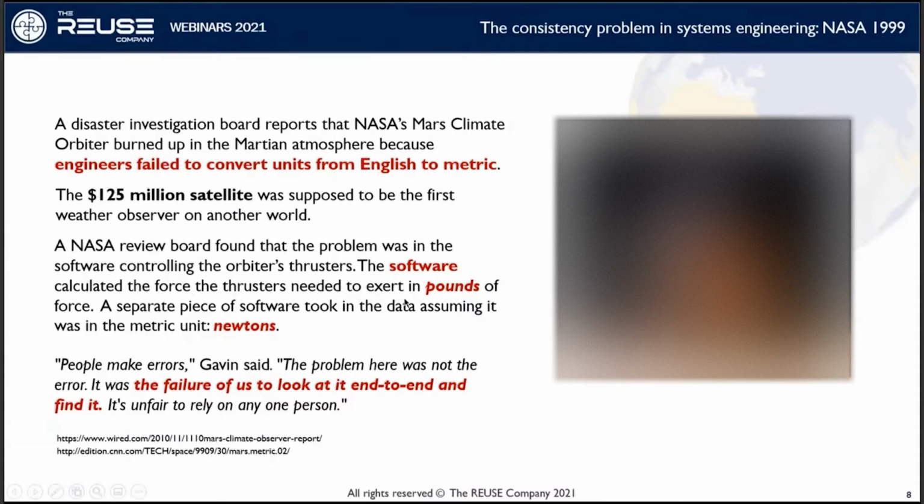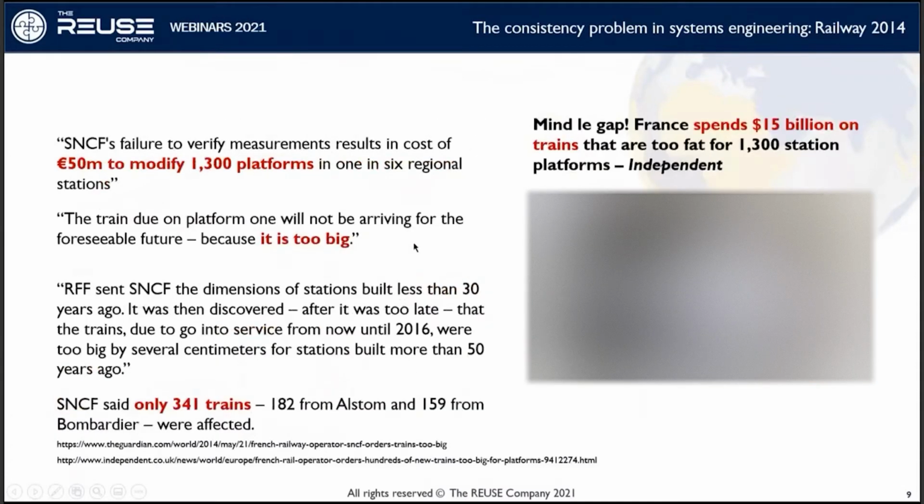So same for what happened to the French National Railway Company. So in this case, the problem was that some platforms of train stations were not taken into account because they were too old, and the new trains that were built for the network, let's say the railway network, were not fitting with these platforms.